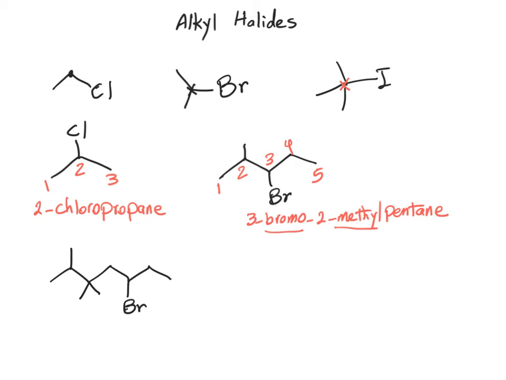For this molecule, the longest carbon chain has 7 carbons, and we number from the left side to give the first substituent the lowest possible number. So it's 1, 2, 3, 4, 5, 6, and 7.